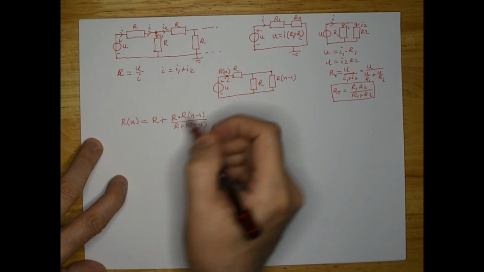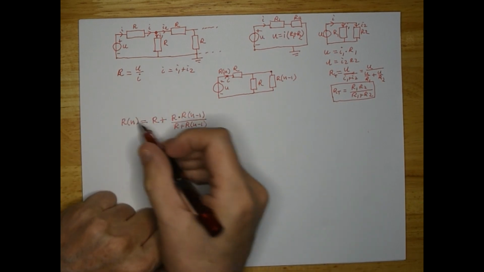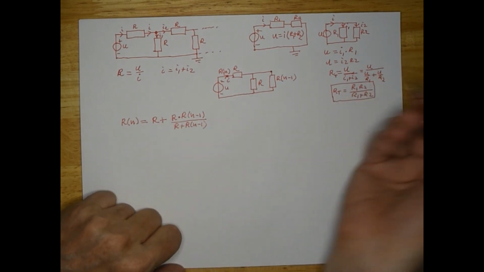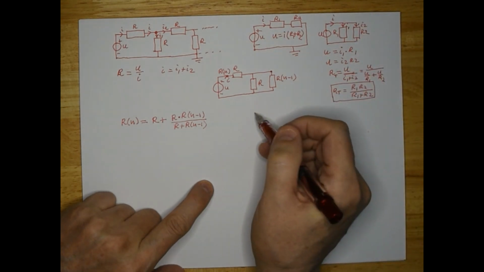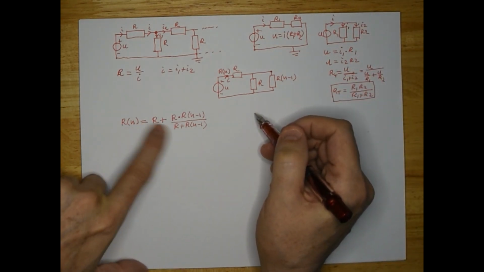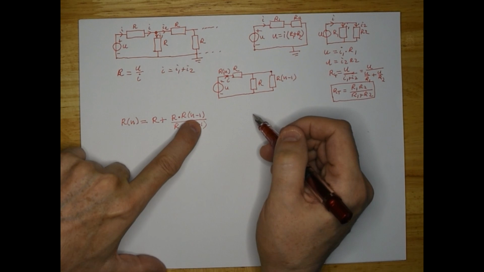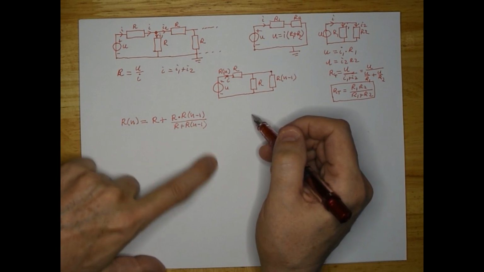That's quite important. Now, if we look at this, and if n is really, really big, right? There are lots of these little circuits all the way up to infinity. Then Rn is essentially in its limit the same as Rn minus 1.